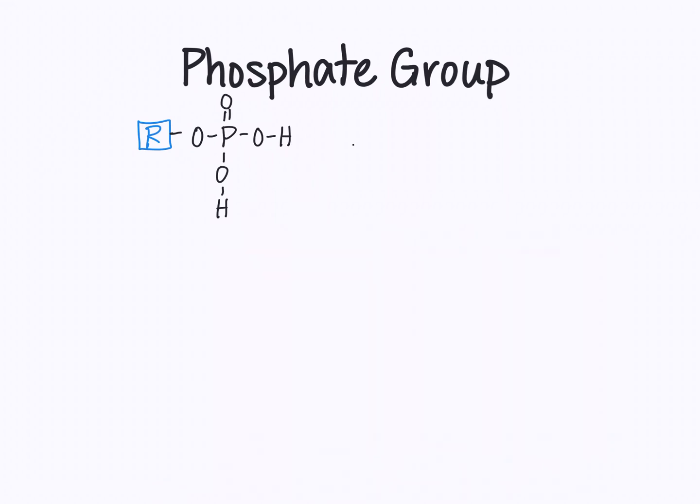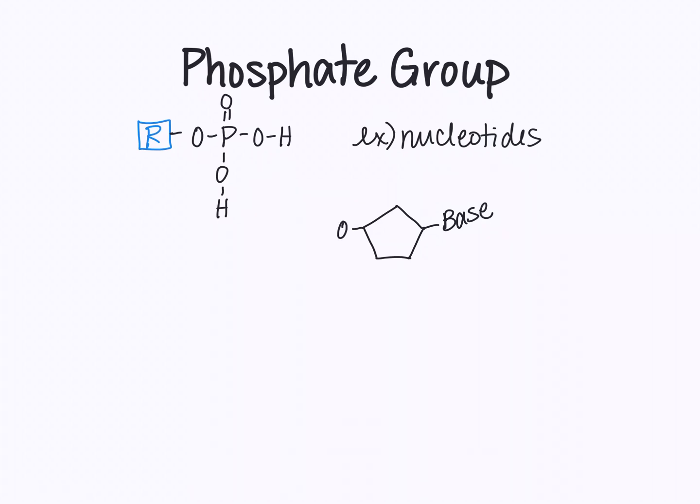Examples of molecules that have phosphate groups are going to be nucleotides. And I would try to draw out a nucleotide, but it would take up this entire screen. It's a pretty big molecule. But to give you an idea, a nucleotide typically has a 5-carbon sugar, a base attached to one side, and then the phosphate group is attached to the other side.